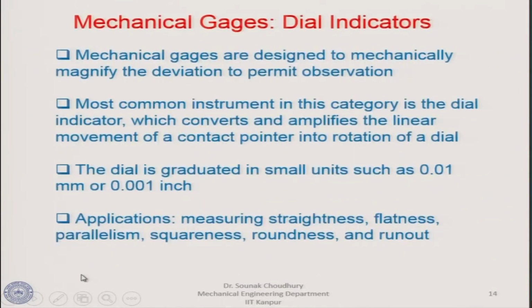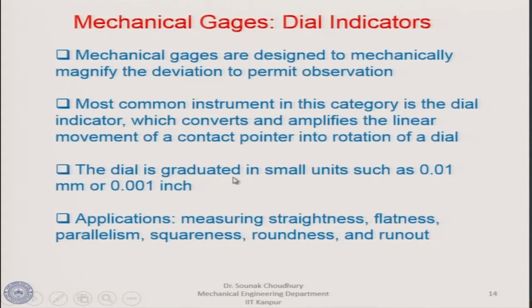Now, the mechanical gauges, dial indicators, are designed to mechanically magnify the deviation to permit observation. The most common instrument in this category is the dial indicator, which converts and amplifies the linear movement of a contact pointer into rotation of a dial. I will show you later what that means.